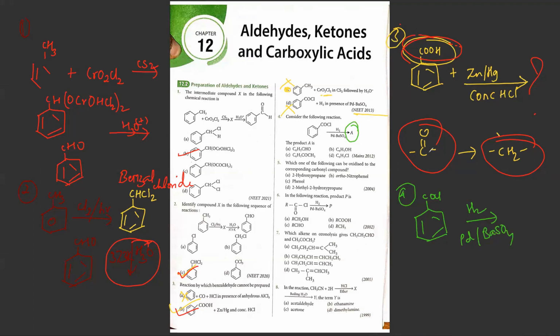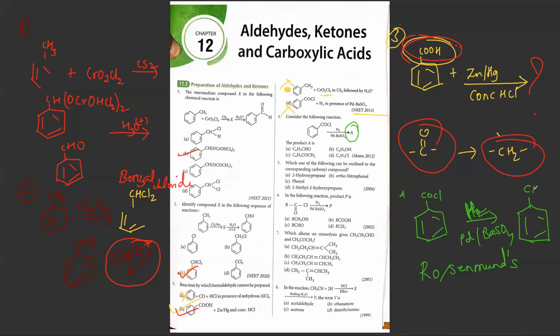COCl in the presence of H2 and palladium, this name reaction is called Rosenmund reduction, wherein addition of hydrogen is taking place and there will be removal of oxygen.